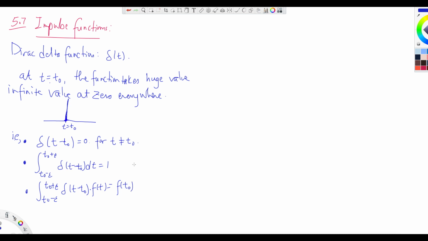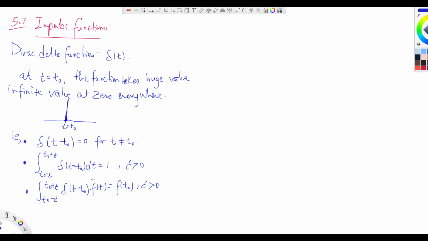In both cases epsilon is a small positive quantity. What does that mean? The delta function is 0 everywhere except at t0. For any interval containing t0, small or big, the integral of the delta function is 1.